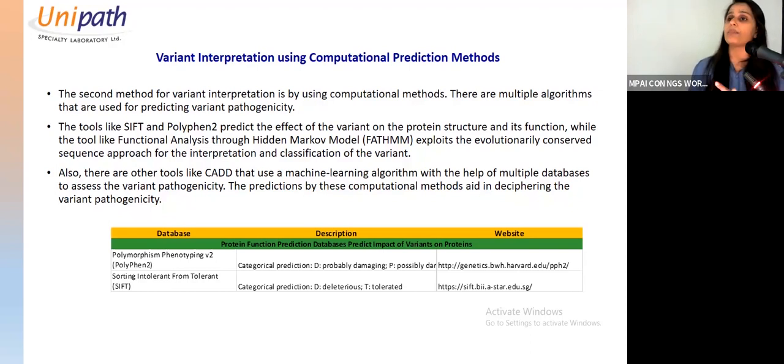So when you take a combination, calling with 2 to 3 tools and taking only the consensus one that is represented in all 3, there is an advantage. There is also a disadvantage that you might miss the one which is actually true, called by only one of the tools. So it's again one call.